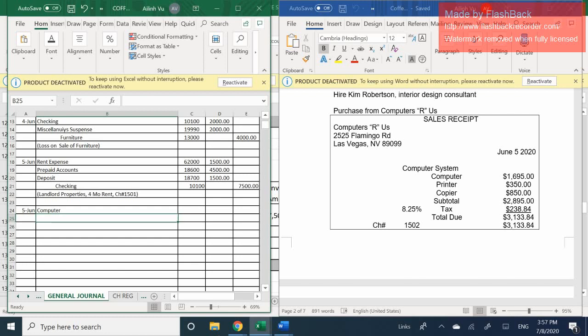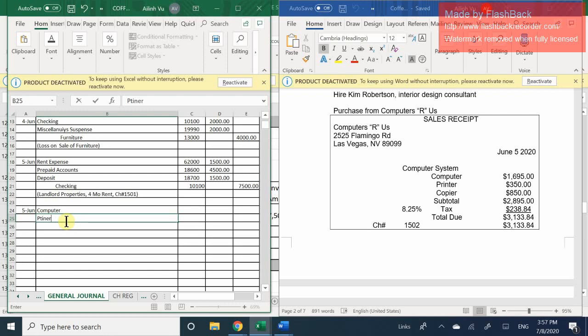Did you use it now? Okay, it's equipment. Good job. It's office equipment. So therefore, it is what kind of asset? It's a fixed asset.